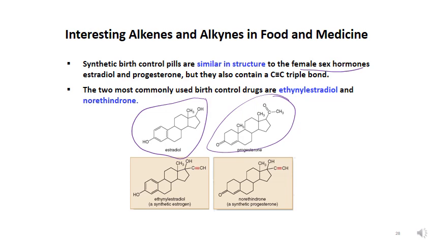And whenever you make molecules that synthetically want to look like estradiol and progesterone but aren't the same, what do you do? Well, you make as much of the molecule similar as you can, but then maybe it's easier or not as difficult if you have something attached that's slightly different.